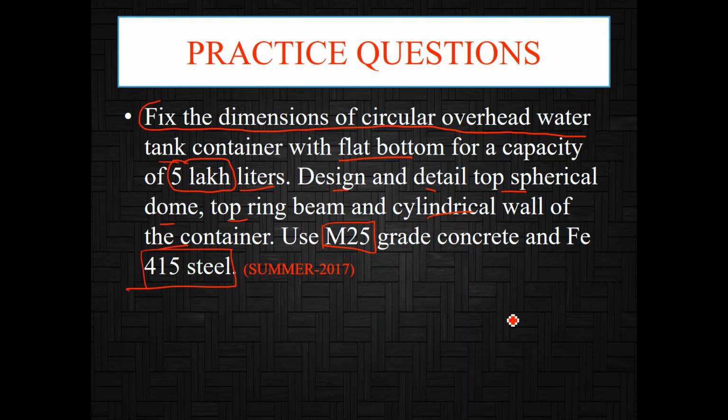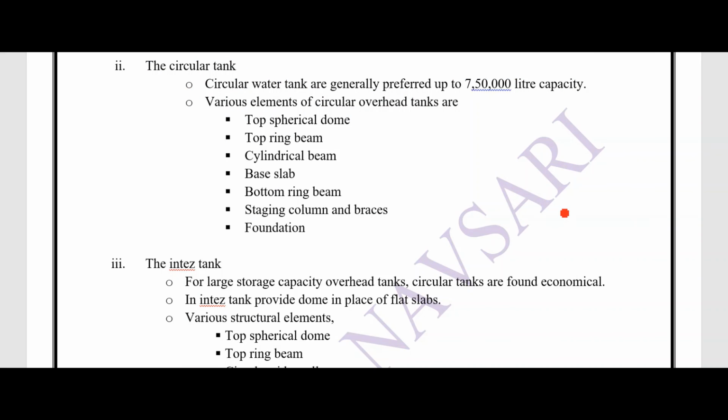But actually, we have so many components in a water tank. Let's check the details about the components. Here are the components of the circular water tank: first the top spherical dome, top ring beam, cylindrical wall, base slab, bottom ring beam, staging column and foundation.